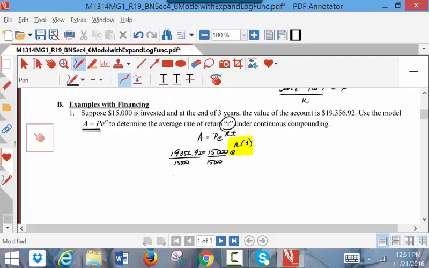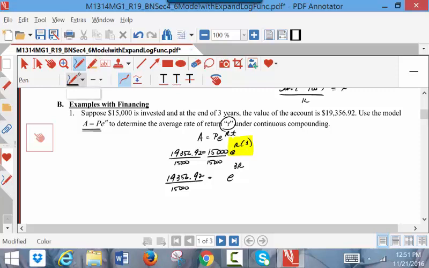So we have 19,356.92 divided by 15,000 equaling e to the 3r. And the goal is for the equation to say r equals something. We're supposed to be finding the average rate of return, the interest rate.